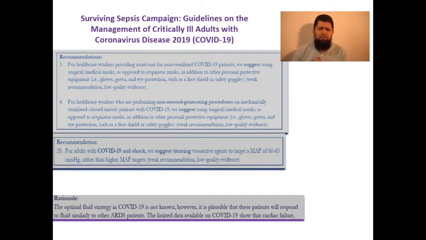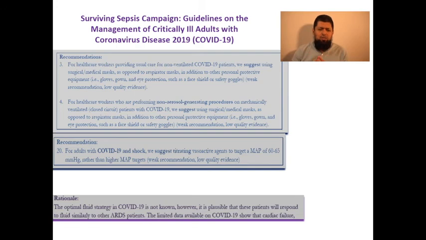Recently, the Surviving Sepsis Campaign issued its guidelines on the management of critically ill adults with coronavirus disease 2019. We will take three recommendations. The first is that for healthcare workers providing usual care for non-ventilated COVID-19 patients, they suggest using surgical medical masks as opposed to respirator masks, in addition to other personal protective equipment.